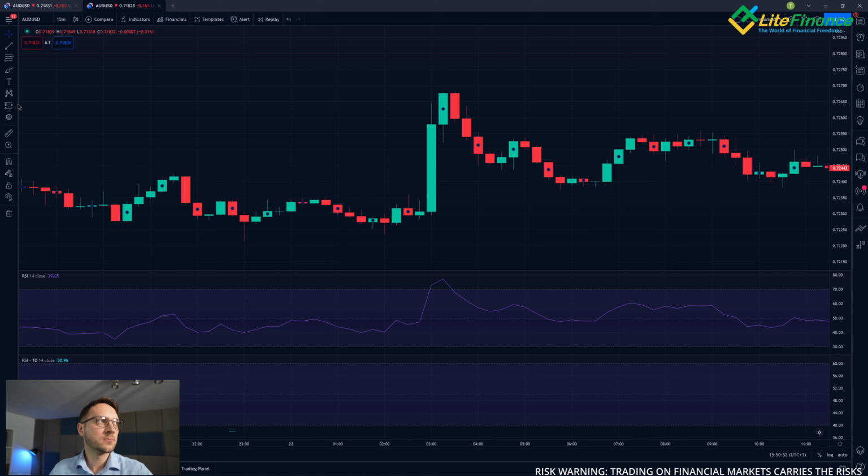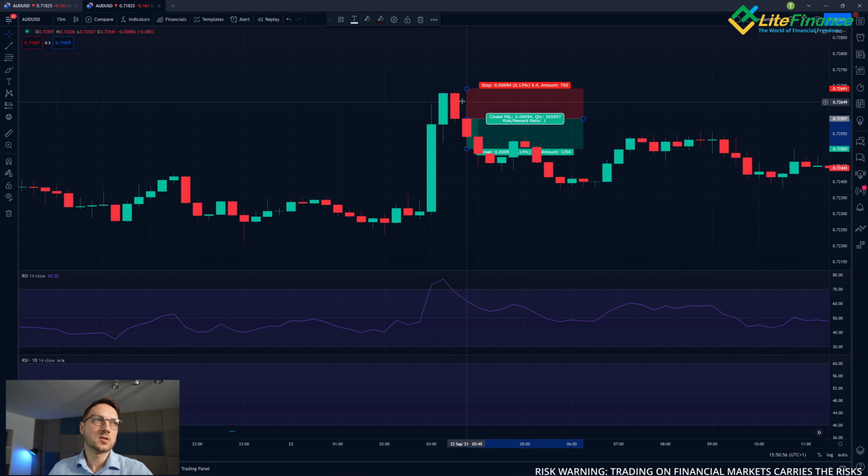So let's place the short position, stop loss. We can say that the most logical level would be slightly above this high. I will not be dwelling much on details of how much you are adding or where you are setting the stop loss. It's more or less the same method as used by the author of this strategy.